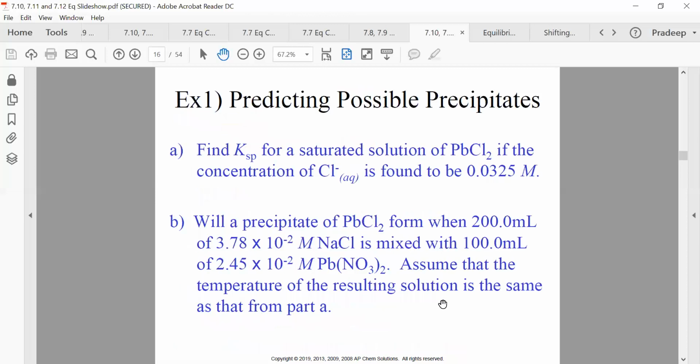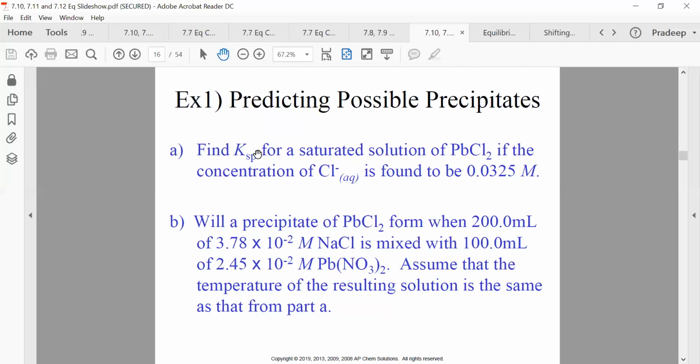All right, so based on this, let's do a couple of problems. Let's find the KSP value for a saturated solution of PbCl2 if the concentration of Cl minus is found to be 0.0325 molar.